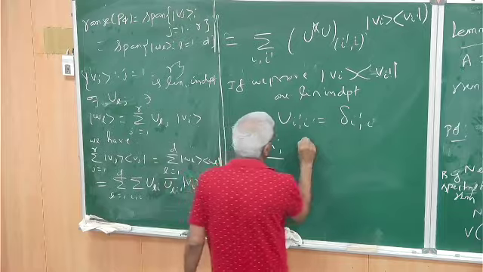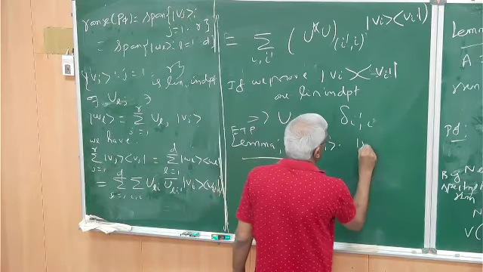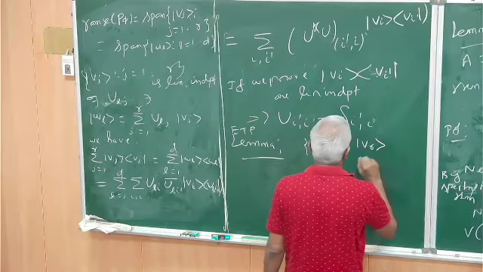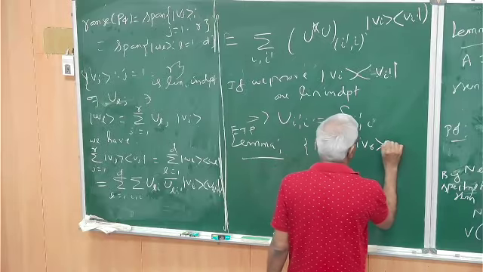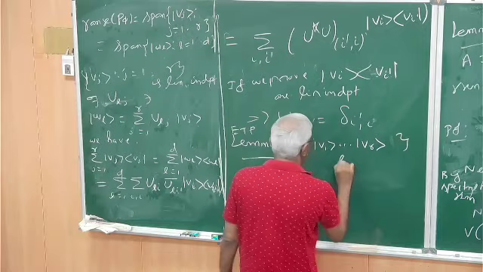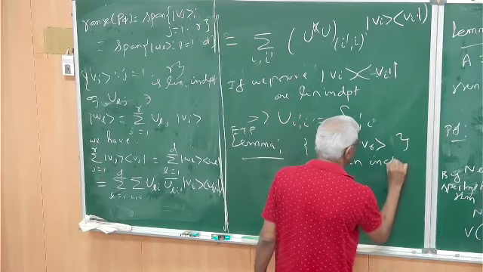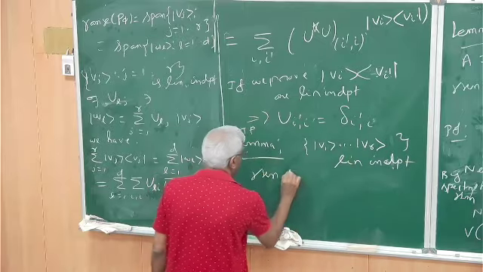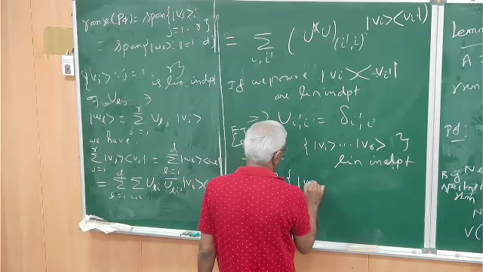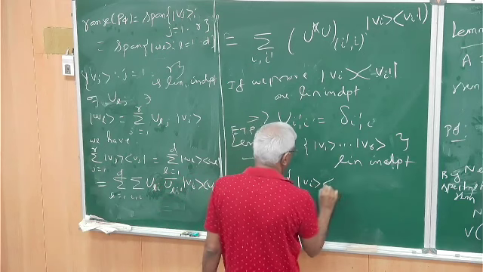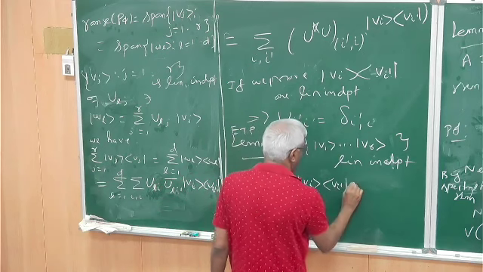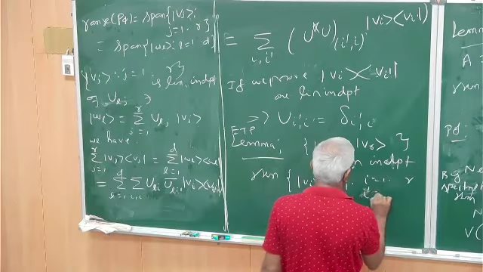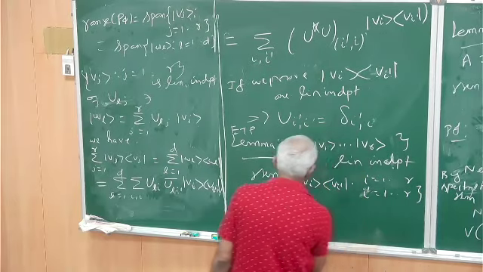The lemma is: if V1 up to V R are linearly independent, then this Vi Vi prime, where I equal to 1 to R and I prime equal to 1 to R, is linearly independent.